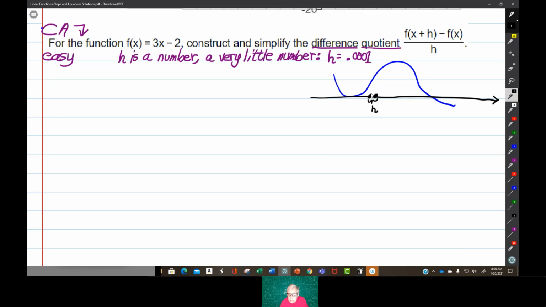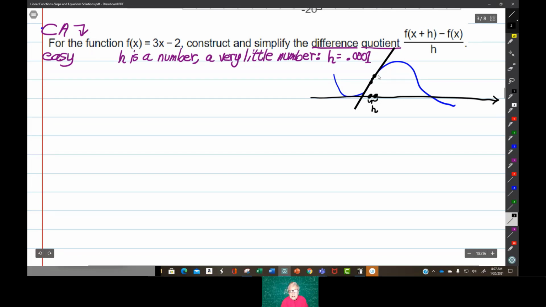Now, the matching points on the curve are here and here. Now, if I connect these points up, there we go. I can use those 2 points to find the slope of this particular curve.